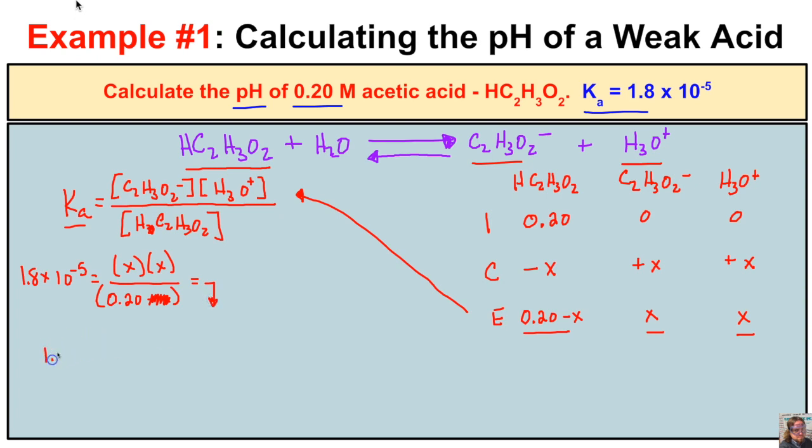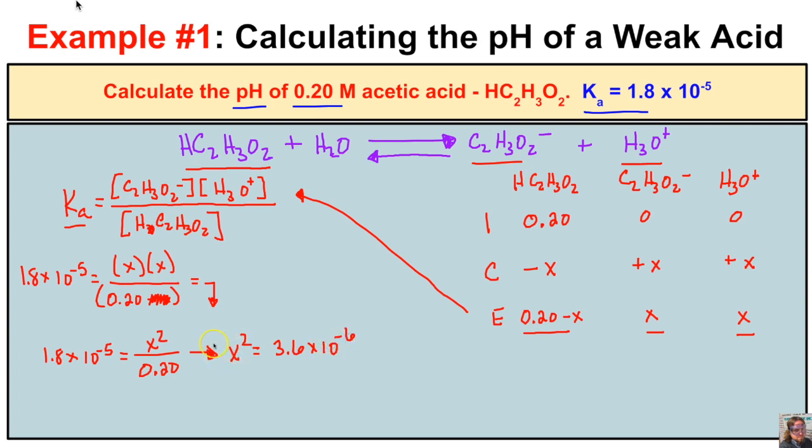We'll end up with 1.8 times 10 to the negative fifth equaling X squared all over 0.20. And so how do we get rid of this fraction? Well, we're going to cross multiply. And if we cross multiply, we're going to end up with X squared equaling 3.6 times 10 to the negative sixth.